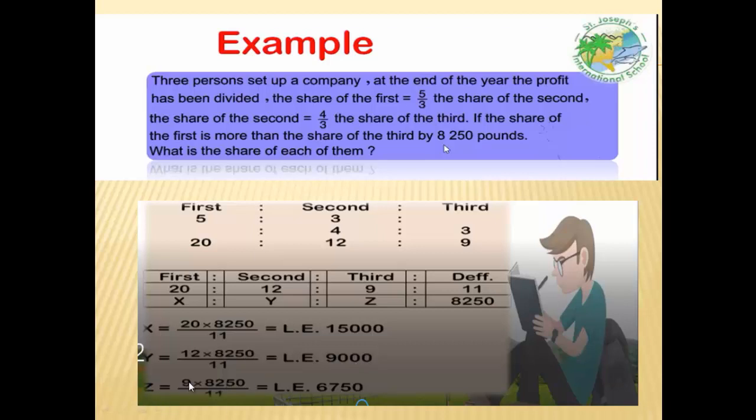Z, 9 times 8,250 over 11. Then the answer will be 6,750 pounds. Okay, يبقى هو ده what is share of each of them. خلاص يبقى كل واحد this is a share of each one.